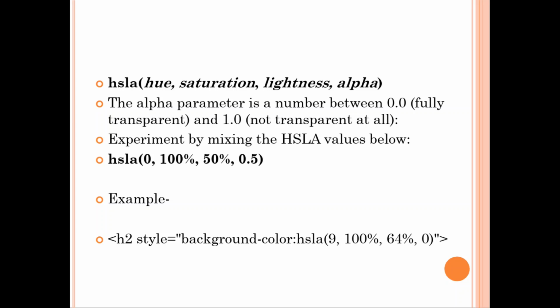We can also add an extra value with this HSL value, that is alpha, A, and the next one is the HSLA value. The alpha parameter takes a value between 0.0 and 1.0. 0.0 means transparent and 1 means not transparent at all. So if we want to make any color transparent, we can use these values.